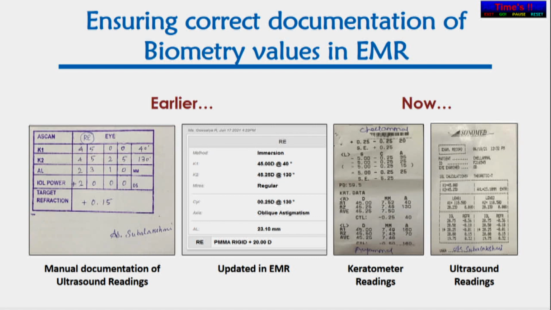So when we attach these printouts with the name of the patient, then somebody can cross-check in the EMR whether it has been entered correctly. So one is to have the manual documentation. There is a way to document it so there is no error. But whether this entry is correct, all of that you need evidence for, so that somebody can cross-check it.